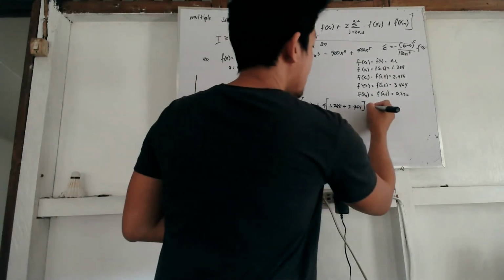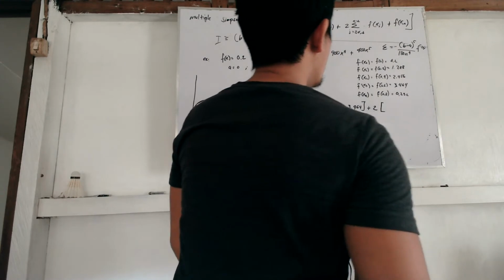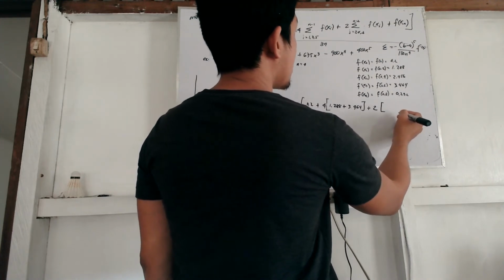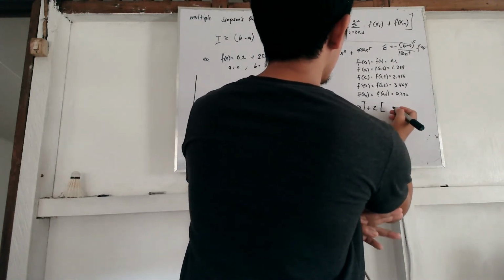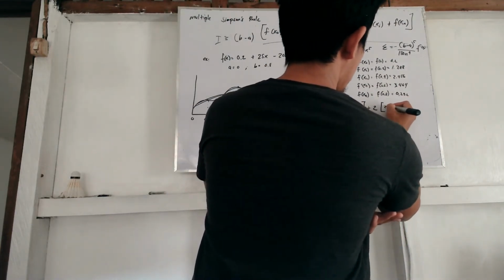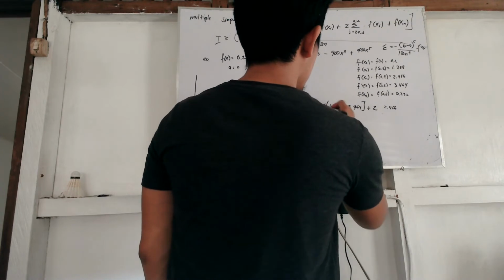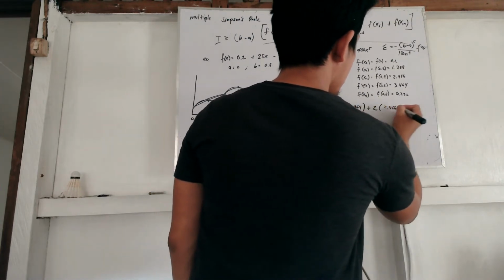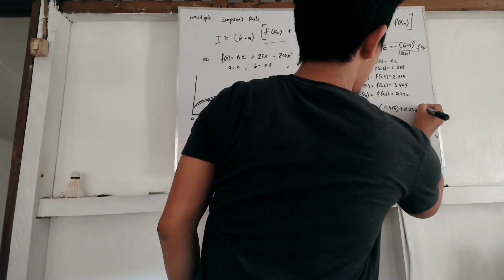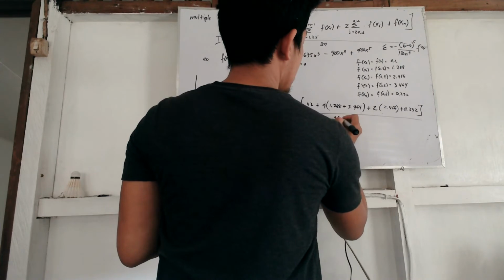Then for the even numbers we multiply by 2, so that is f of x sub 2, which is 2.456, plus x sub n, which is 0.2, and then you divide this by 3 times 4.